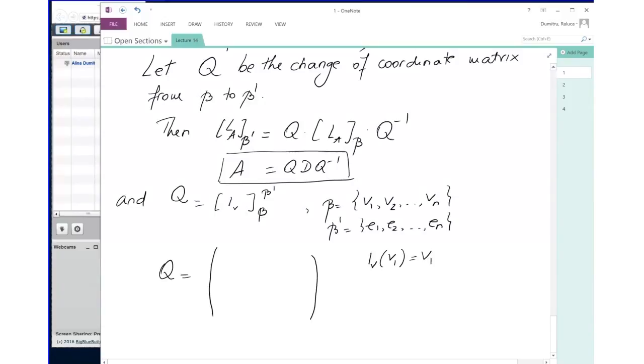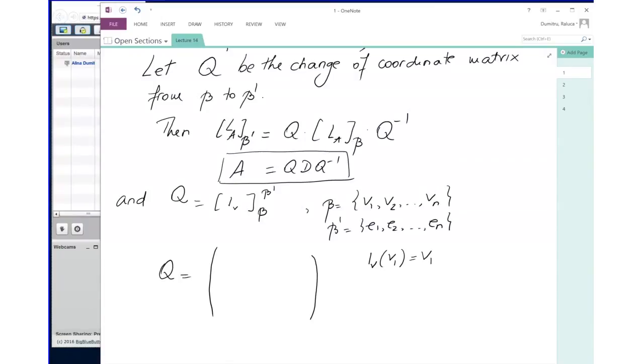How do you express V1 in the standard basis? V1 has n entries: V11, let's say, V12 up to V1n, because it's an n by 1 vector. So to express that vector in the standard basis, you do the first entry times E1 plus the second entry times E2 plus the third entry times E3 and so on.